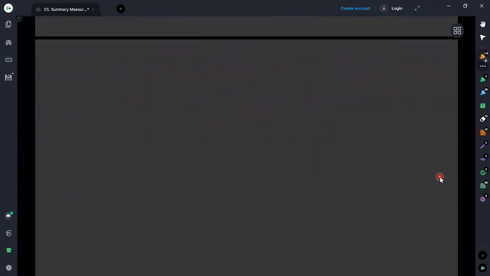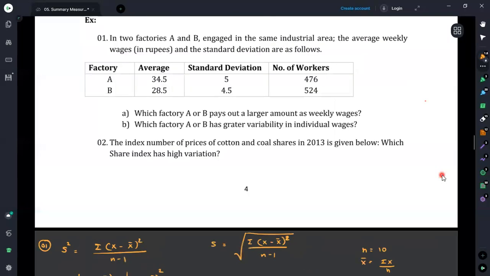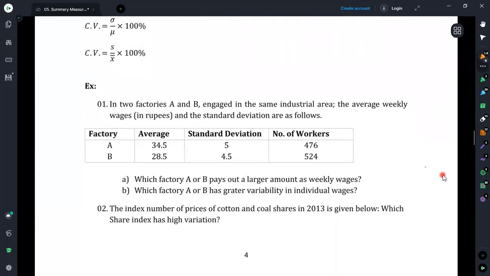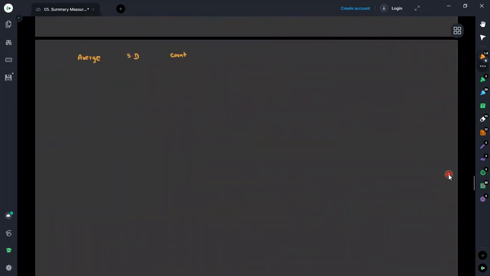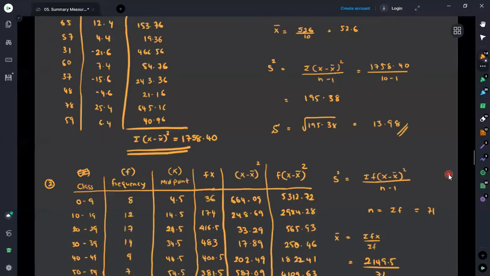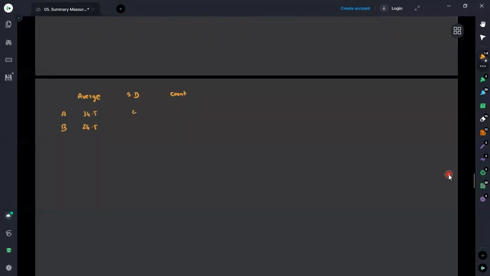According to the given information, we have the average values, the sample standard deviation values, and the number of workers, or the count we can say. The averages are given as 34.5 and 28.5 for factory A and factory B. Standard deviations are given as 5 and 4.5.